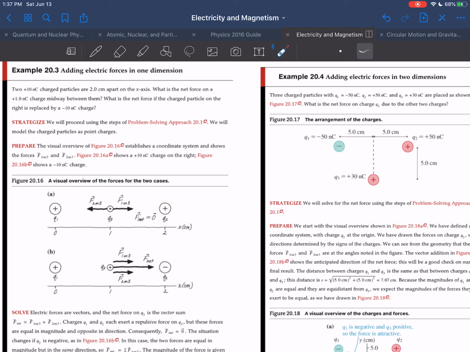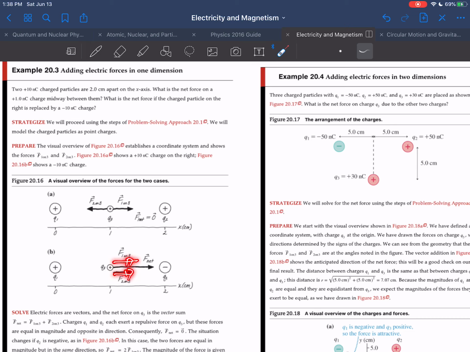Now, in this second question, however, if you replace Q2 with a negative 10 nanocoulomb charge, now things are a little bit different. Now, that size force, F by 1 on 3, so that interaction between Q1 and Q3 did not change, but the interaction between Q2 and Q3 did change, but it simply reversed direction. The size of the charges will be the same.